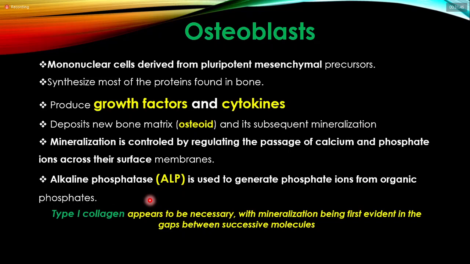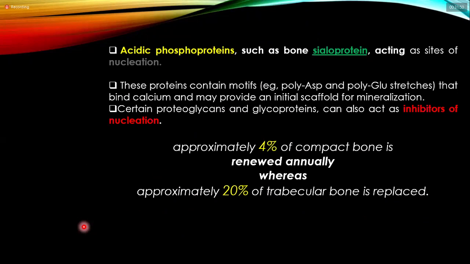And as I mentioned before, collagen type 1 is the predominant type of collagen that will be synthesized by the osteoblast cells. Besides the alkaline phosphatase, we also have acidic phosphoproteins, like what's called sialoprotein. And this kind of protein is very important to be synthesized by these types of cells, the osteoblasts.